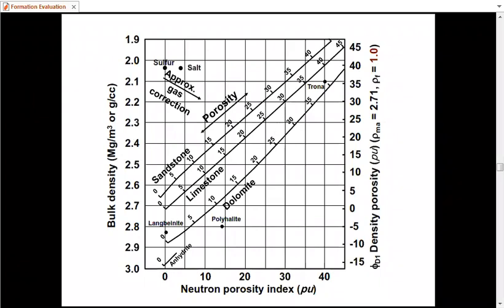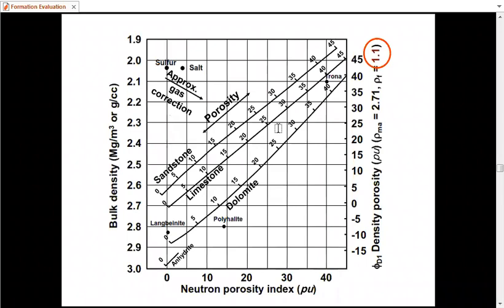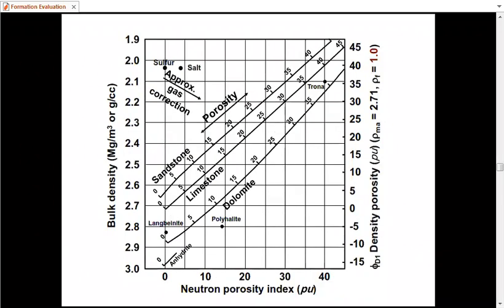This figure will consider the neutron porosity index and the bulk density reading, and the density porosity coming from this crossplot. You will consider this chart for a certain value for density of fluid. As you see in the red color value, you deal with a fluid density equal to 1.